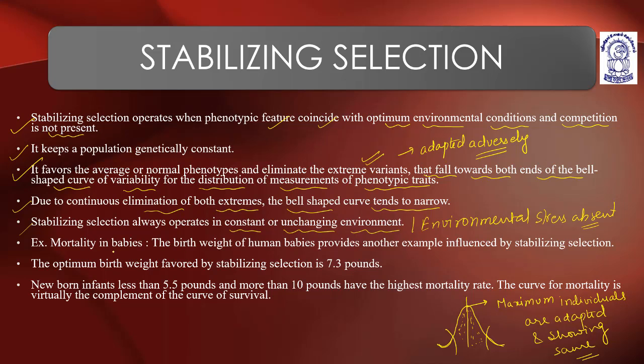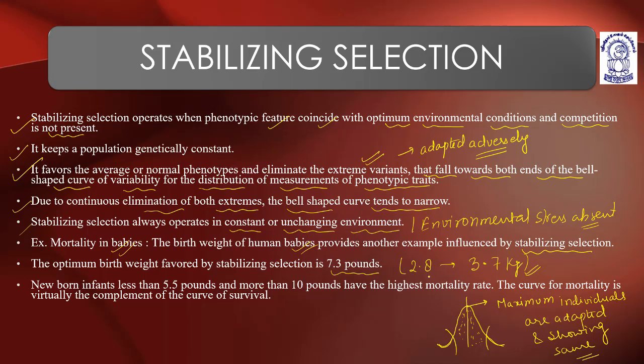Mortality in babies. The birth weight of human babies provides another example influenced by stabilizing selection. The optimum birth weight favored by stabilizing selection is 7.3 pounds, or around 2.8 to 3.7 kgs. So the average weight always remains constant.